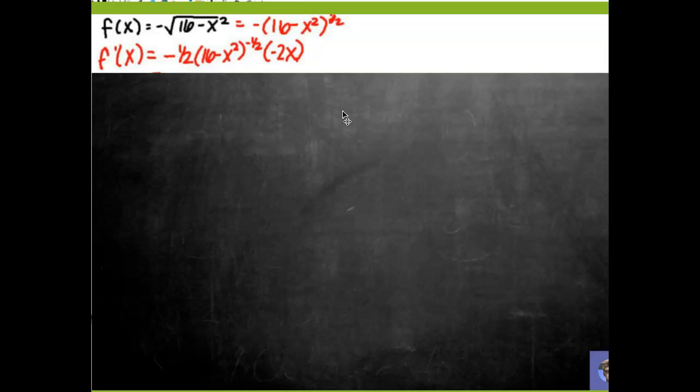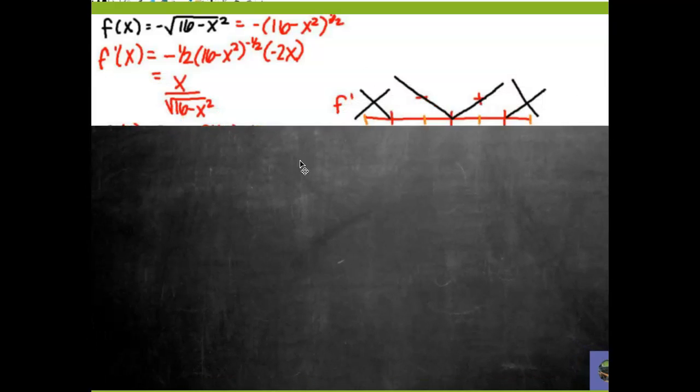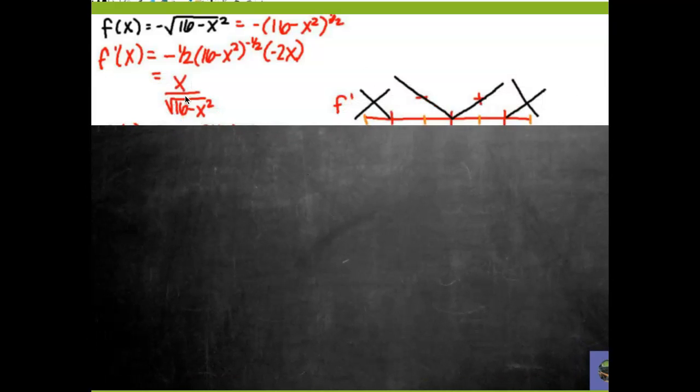So that leaves that the derivative is -1/2 (16 minus x squared) to the -1/2. Don't forget the chain rule says take the derivative of the inside. So cleaning that up, I get x over the quantity square root 16 minus x squared.